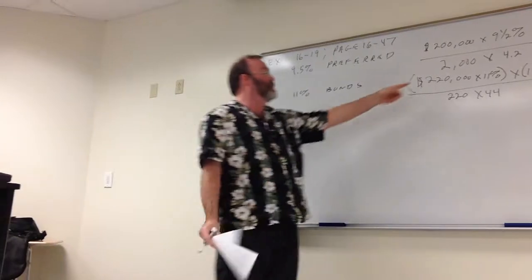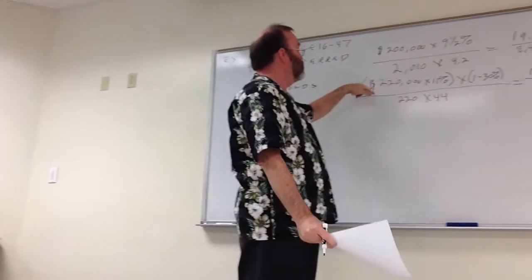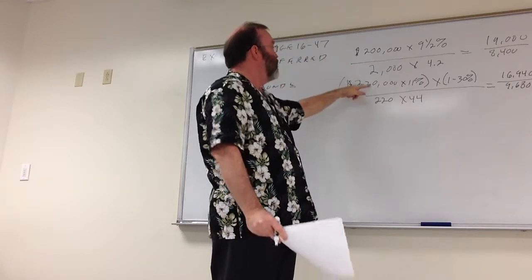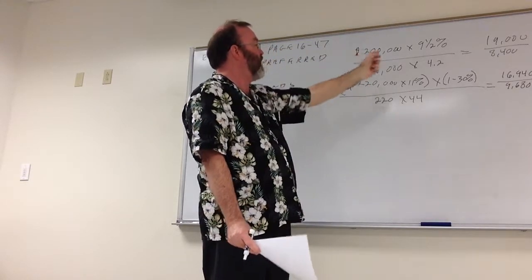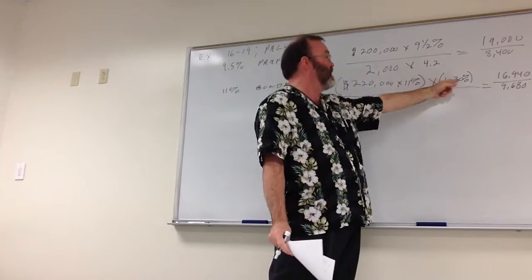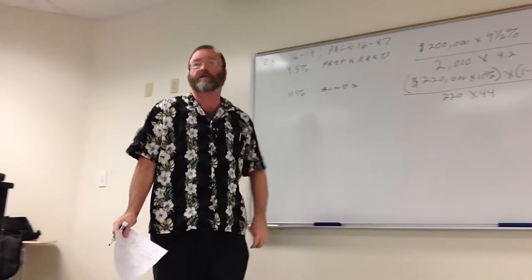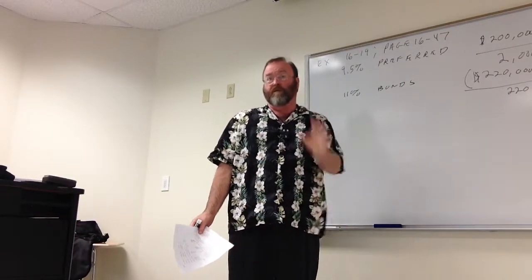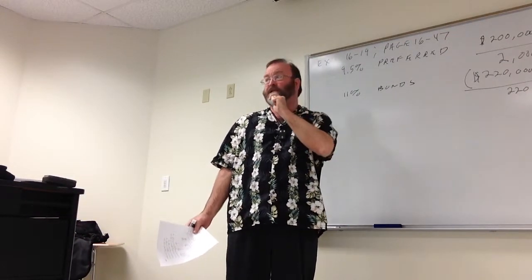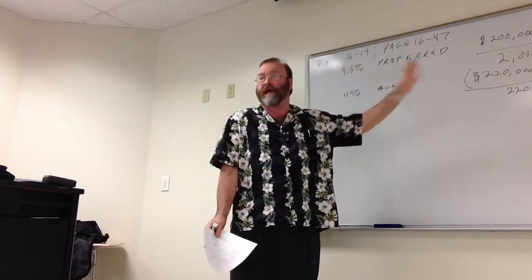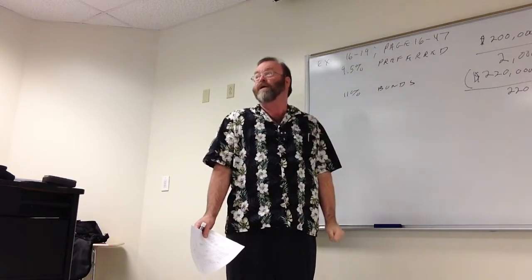Right? Because this is 24,200. So 24,200 times 70% is the $16,940. Is everybody with me so far? Yes? This is just the first step of earnings per share, is calculating the impact.